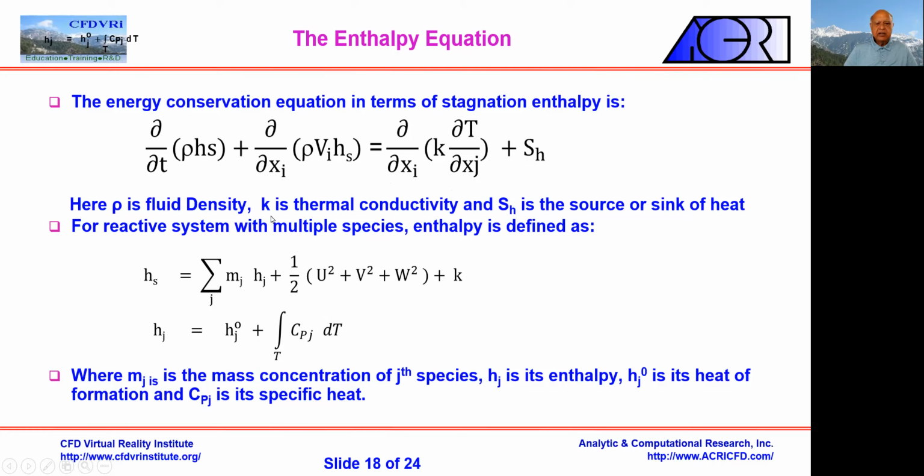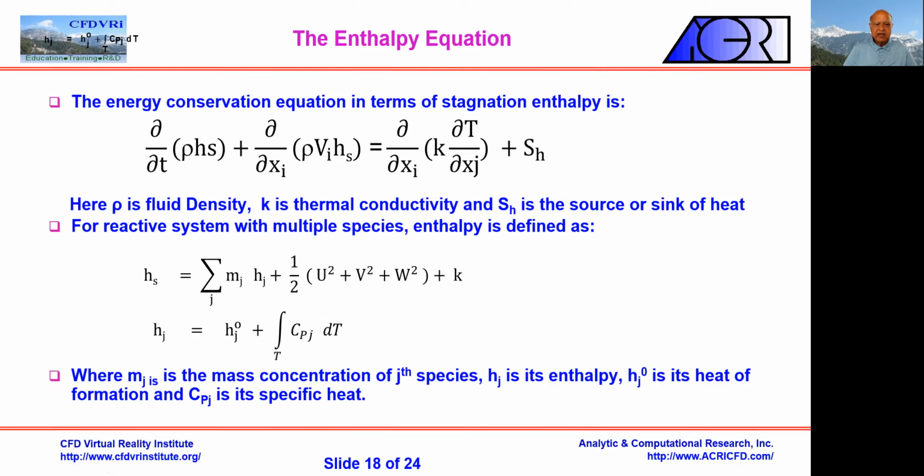Here, K is the thermal conductivity, or for turbulence, it could be the effective thermal conductivity. Now here, the stagnation enthalpy is defined as the enthalpy of each component. For reactive flows, there will be multiple components, multiple species reacting with each other.